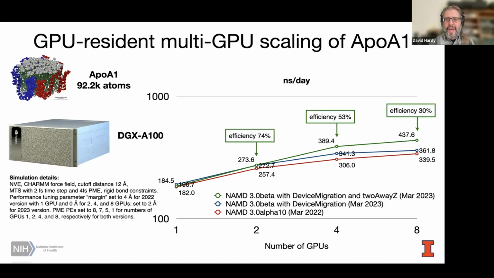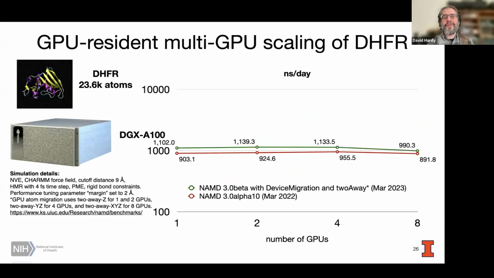In fact, you're topping out pretty early. I can't say I'd necessarily recommend this even for scaling across 2 GPUs, although 74% efficiency is respectable. But by the time you get to 4 or 8 GPUs, you're really not using your hardware efficiently at all. And here's an extreme case.